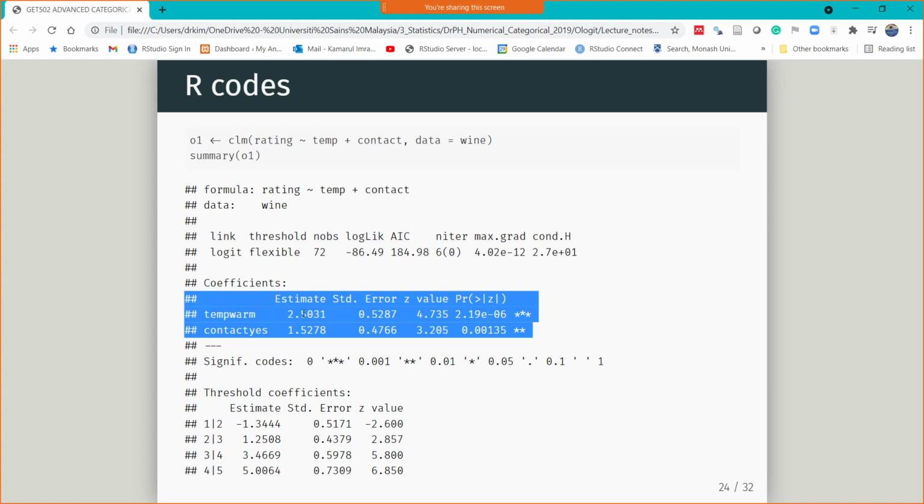Estimate the log odds and then convert to odds ratio. I think that if you do that, you'll pass.